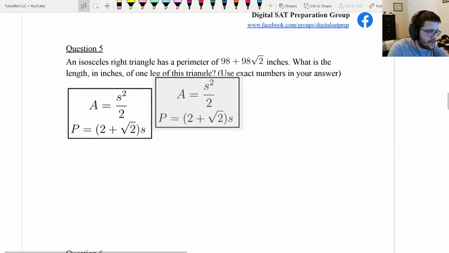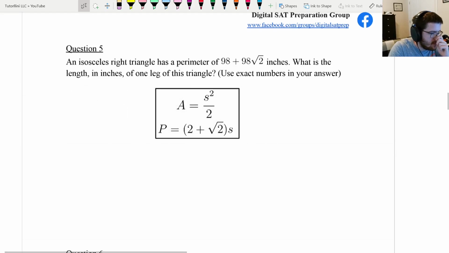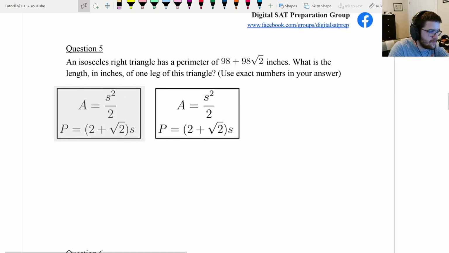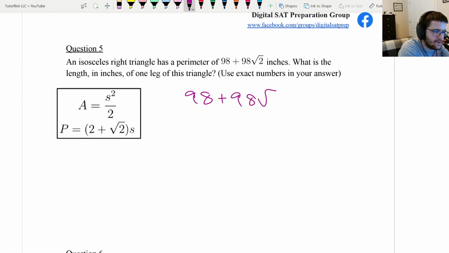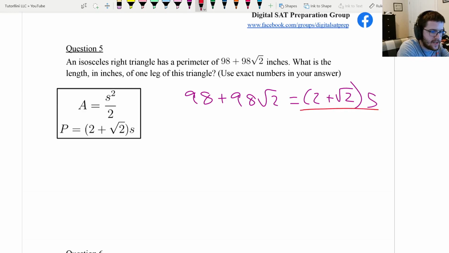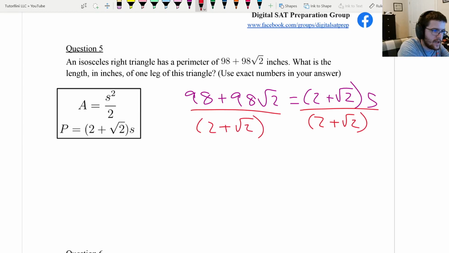So the perimeter of an isosceles right triangle, so we're going to put 98 plus 98 root 2 in for P. So the rest of the equation stays the same. And now we're going to divide both sides by 2 plus root 2. And then this will go away.